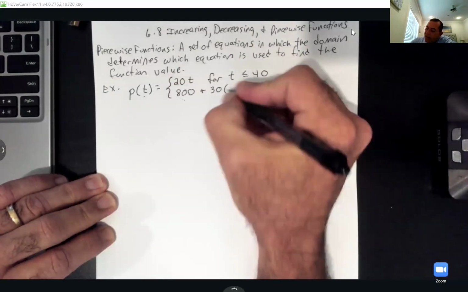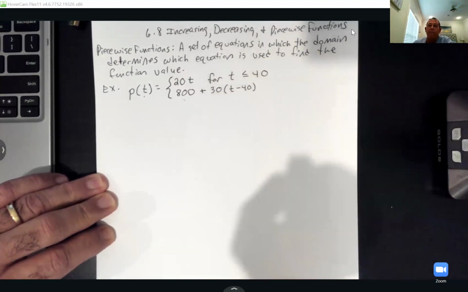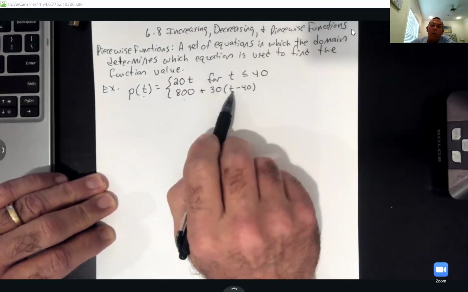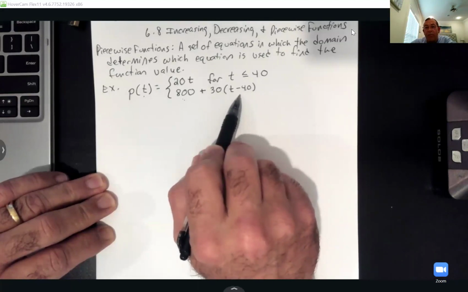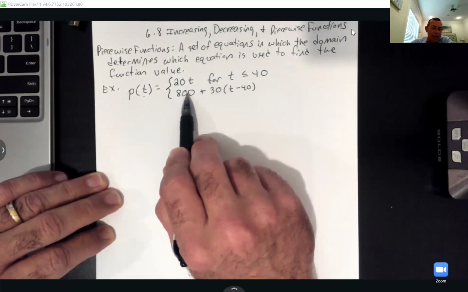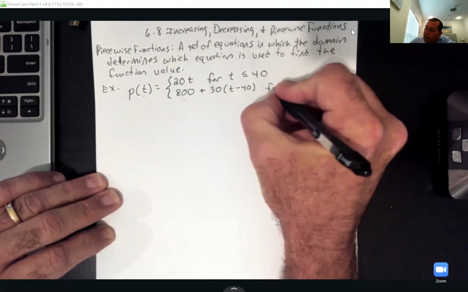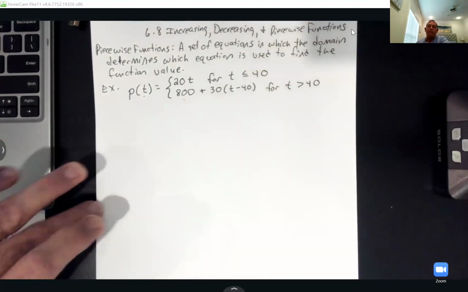And I'll get that for my total time minus the 40 hours. So if I work 45 hours, 45 minus 40 would give me 5 hours of overtime at 30, plus the 800 I got from my 40 hours. So I would use this for any T that was greater than 40.